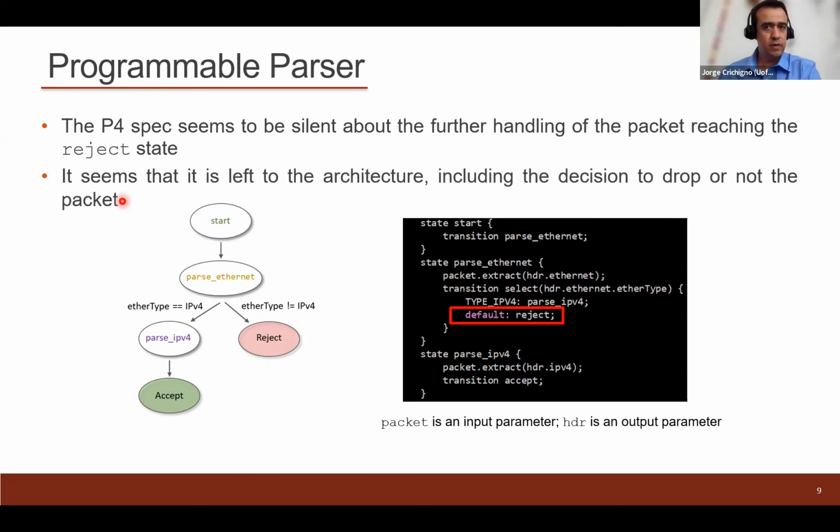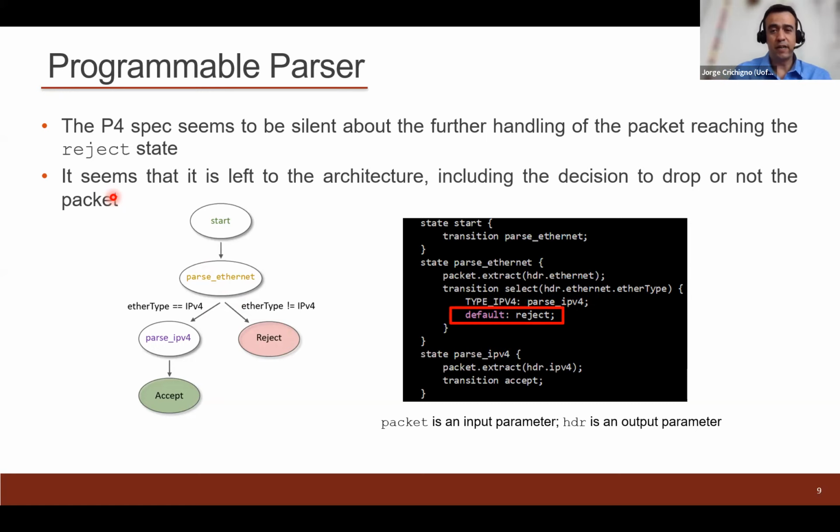A little bit about this reject state. I was looking for a little more information. The P4 specification seems to be silent, so it doesn't say what to do when a packet reaches the reject state.